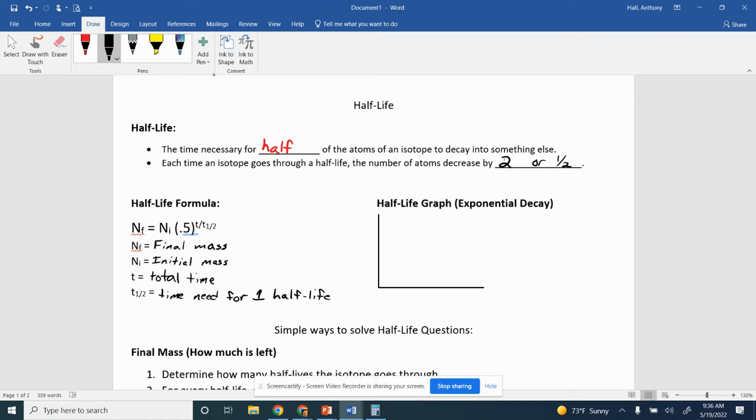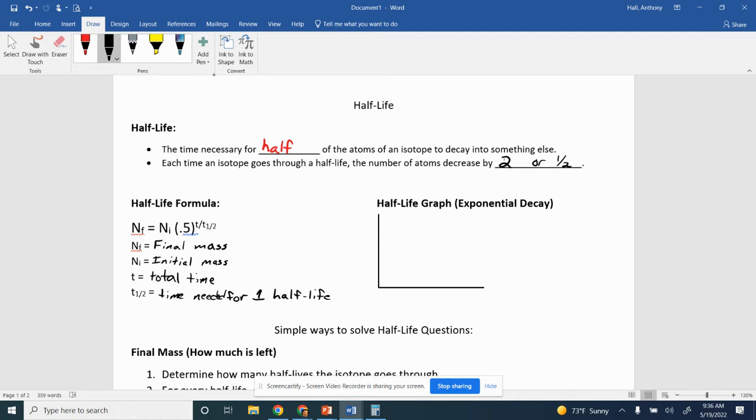So t is your time, and t sub 1 half means that's the half life time, the time needed for 1 half life, or how long a half life is. So again, these are all the things that you would plug into the formula, but like I said, we're going to try to work around the formula instead of having to worry about dealing with exponents.